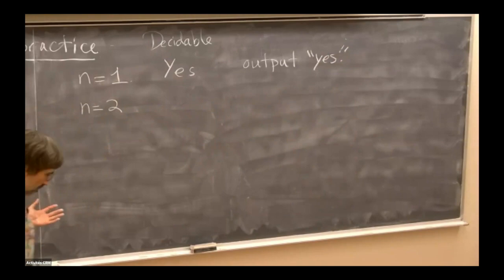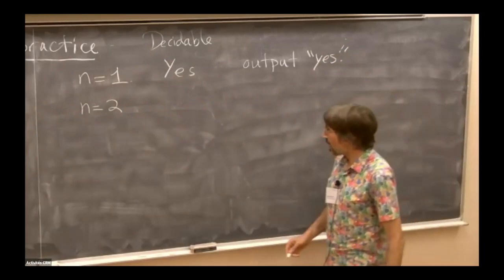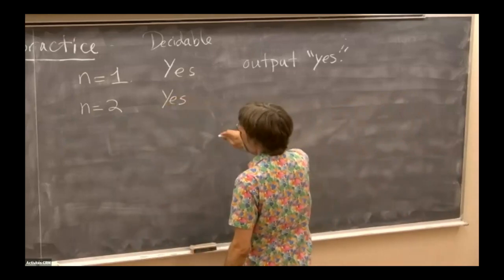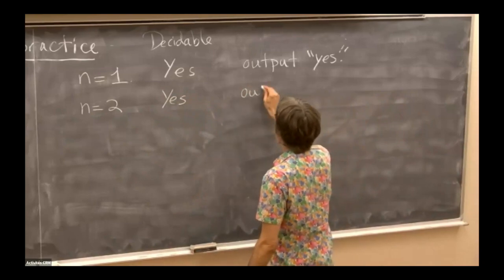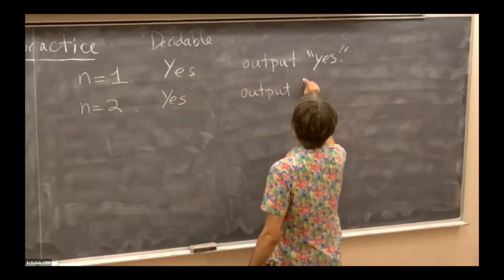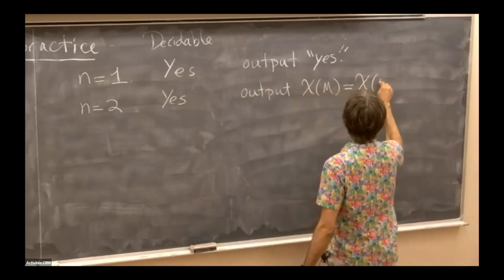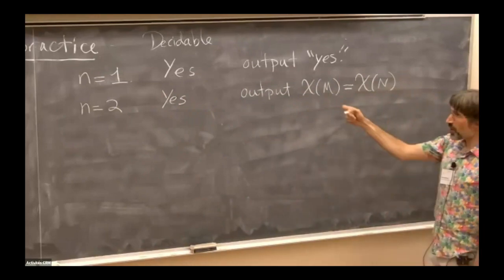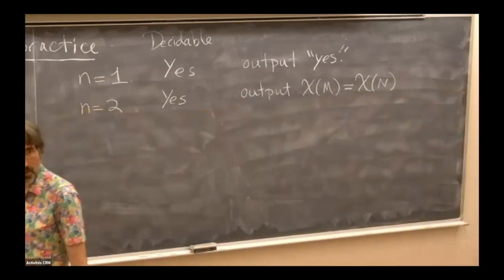Any orientable surface is just a connected sum of tori. And that's concrete enough that I can also write down the algorithm, which outputs whether the Euler characteristic of M is equal to the Euler characteristic of N. If I'm thinking of my input as simplicial complexes, this is very concrete to compute. Just count the number of cells and add them up appropriately.